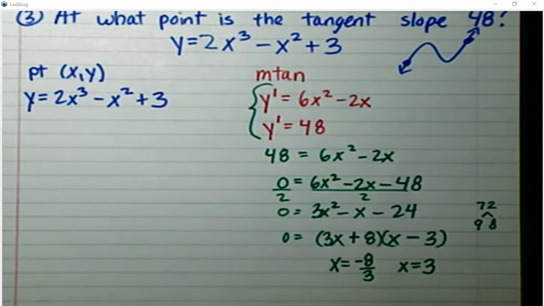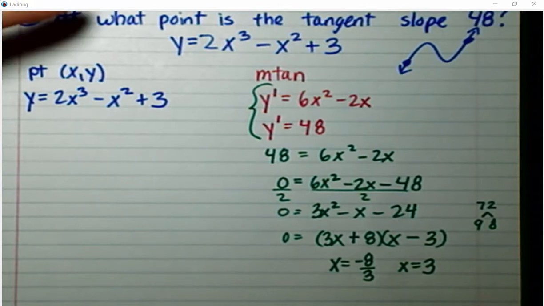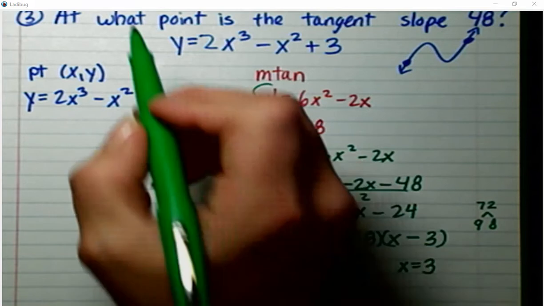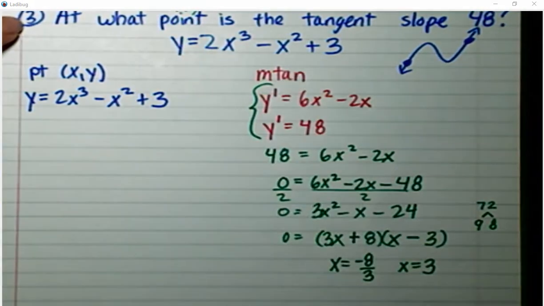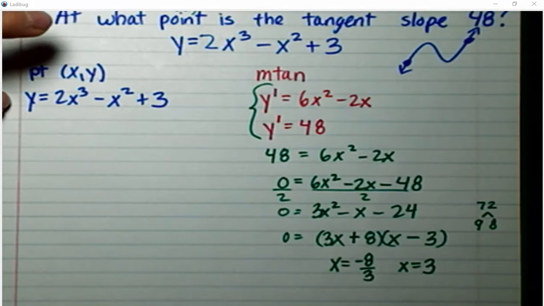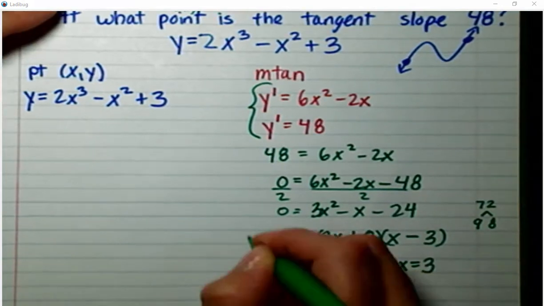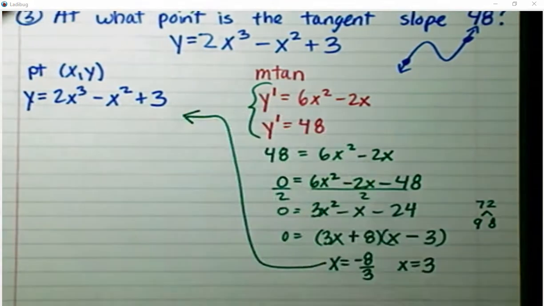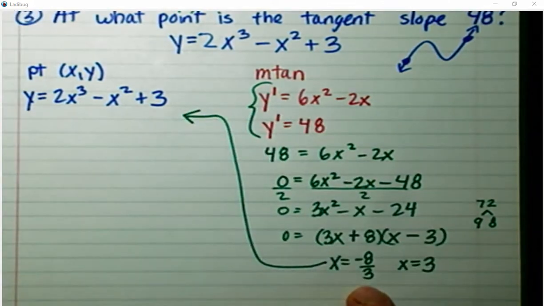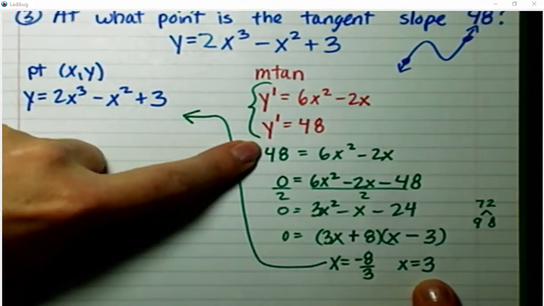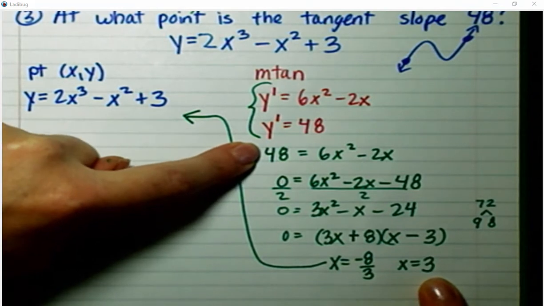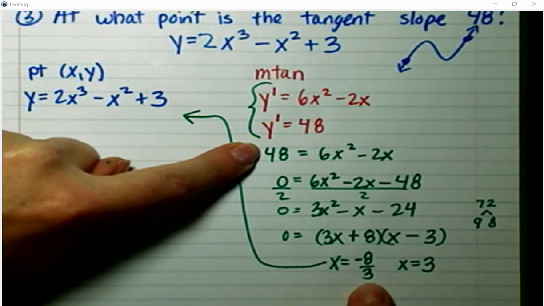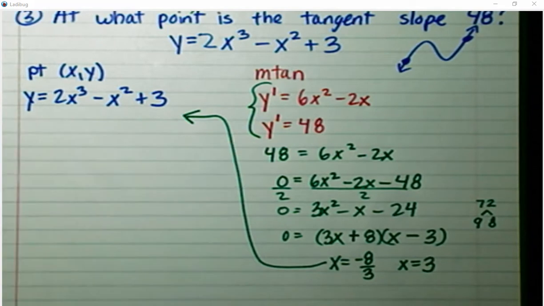Okay, well, it's asking me at what point. That's x comma y. Points are x comma y, which means I need to come over here. These are the x values where the slope is 48. That's what you put together. That's what you solved. You found the x's when the slope was 48.